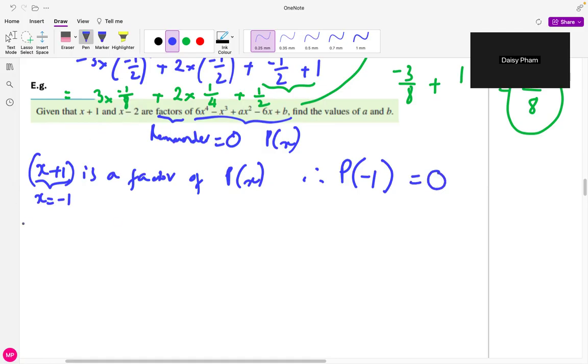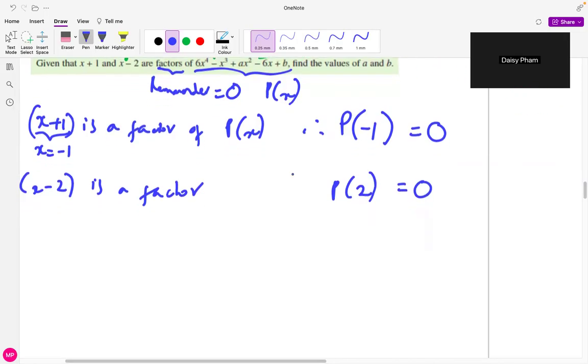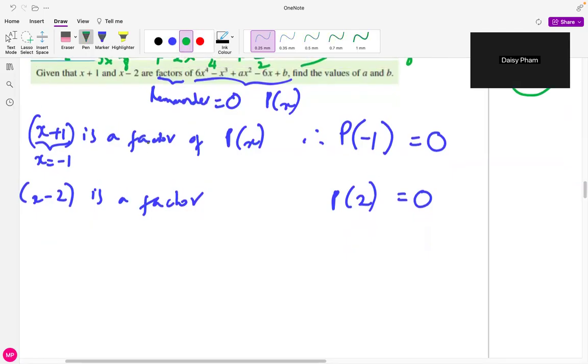Same thing, x minus 2 is also a factor. What that means is p of 2 is also 0. Then you can sub in and solve simultaneously. Let's do p of negative 1 equals 0. So I sub in here: 6 times negative 1 to the power 4 minus negative 1 cubed plus a times negative 1 squared minus 6 times negative 1 plus b equals 0.